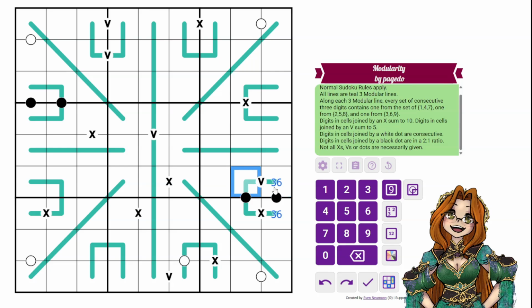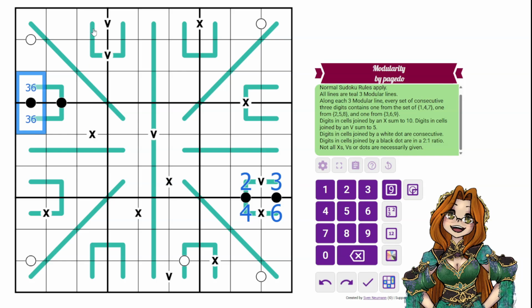We need -1 here, so we know this is the 3 and this is the 6. 3 plus 2 is 5, and 6 plus 4 is 10, and that also works here with our black dot, and it also works on our modular line because 2 is from the 258 and 4 is from the 147. We have the black dot on the end again, so we already know that this is going to be 3, 6 somehow.